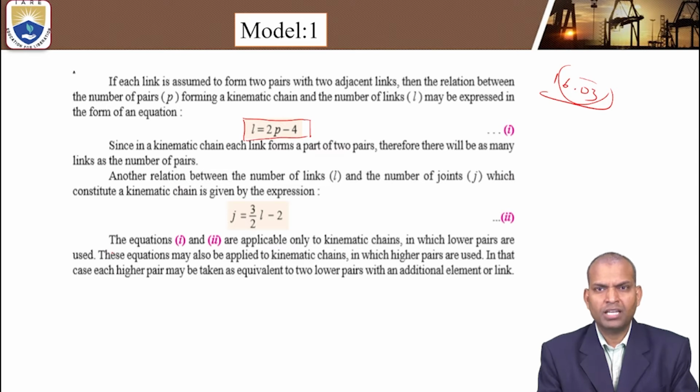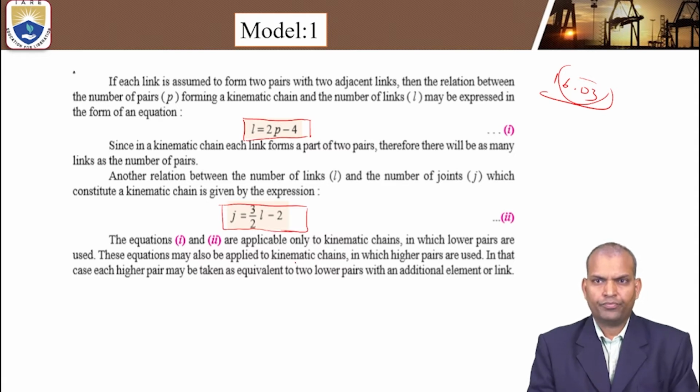And there is another relation between the number of joints or lower pairs and the number of links, that is J equal to 3 by 2 times L minus 2. If the mechanism does not satisfy these equations, then that mechanism can't be called a kinematic chain.